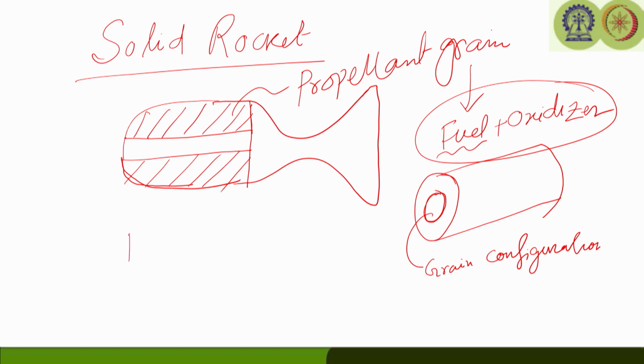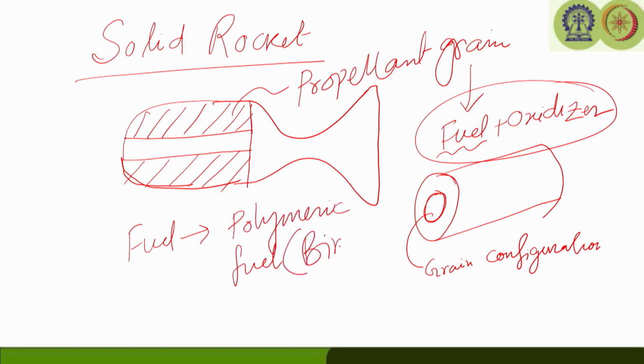As I said, the fuel is in terms of the polymeric fuel, although in rocket literature it is mainly considered as the binder, because it is binding all the solid materials impregnated or embedded within it. In actual cases, the fuel is the metallic fuel such as aluminum, which is more common, whereas your oxidizer is again the crystals.